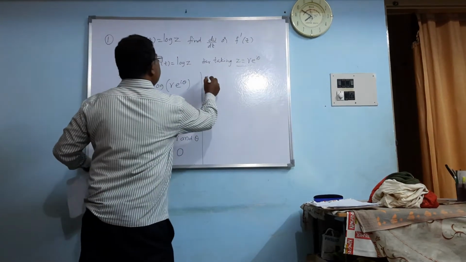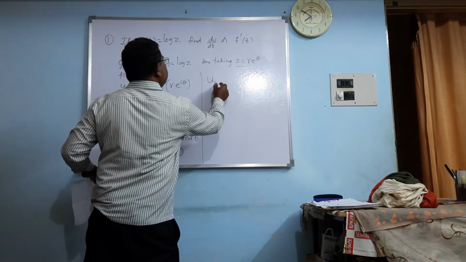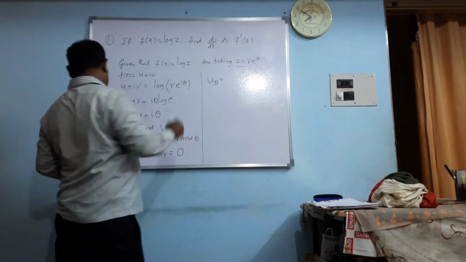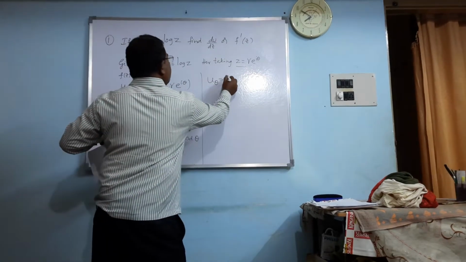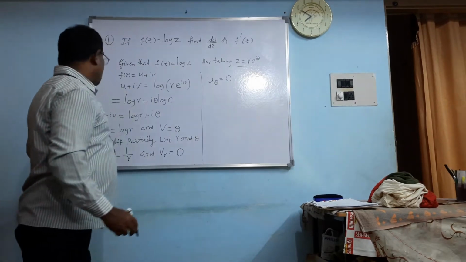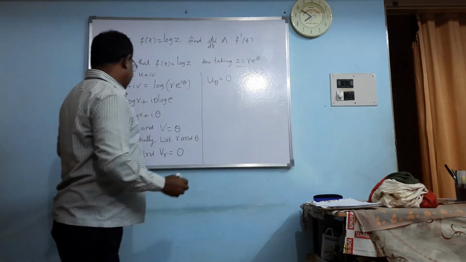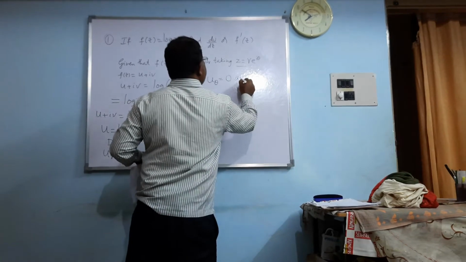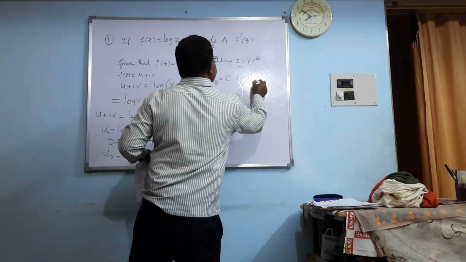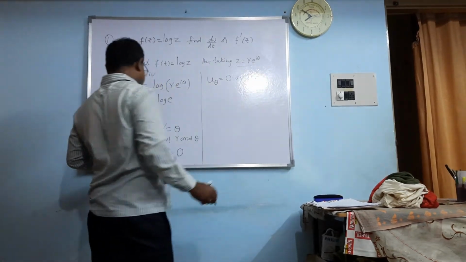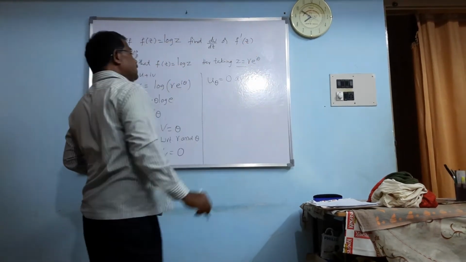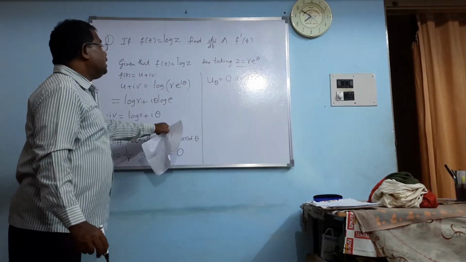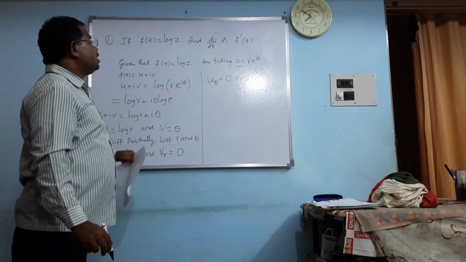Next, differentiating partially with respect to theta, u theta is 0, as it is constant. Differentiating v partially with respect to theta, v theta is 1, and v r is 0.